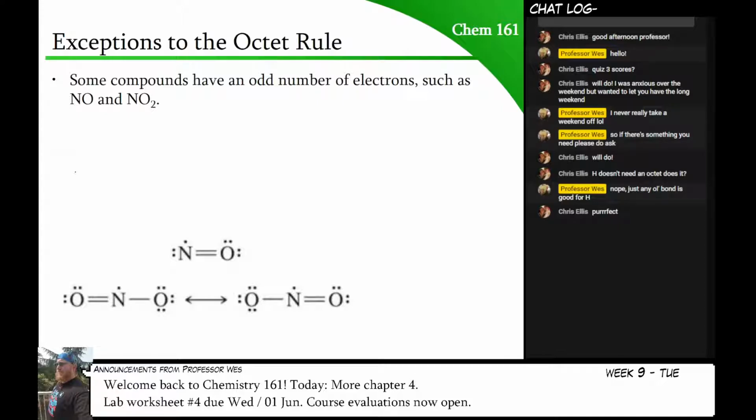How do you end up with an odd number of electrons? Well, if you add an odd number of things in there, so nitrogen only brings you 5, so that's going to make your total odd, right? Nitrogen's pretty guilty of this. Phosphorus can do it. There are many common ones that are sort of beyond the scope of this class. So, for example, the superoxide polyatomic ion, which is O2 with a 1 minus charge.